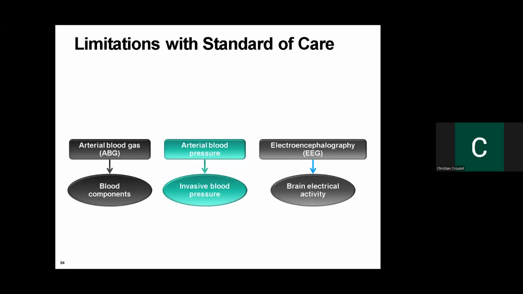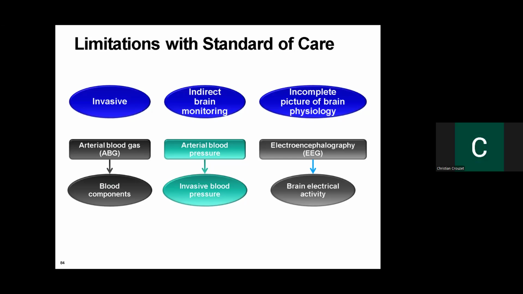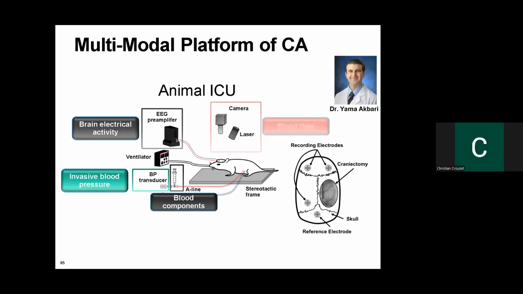But one of the limitations is that it's invasive, so you need to either draw blood or perform cannulation. It provides indirect brain monitoring, inferring from the blood or the blood pressure what's happening in the brain. Or if you do measure the brain, it's really only looking at electrophysiology, but not necessarily hemodynamics.